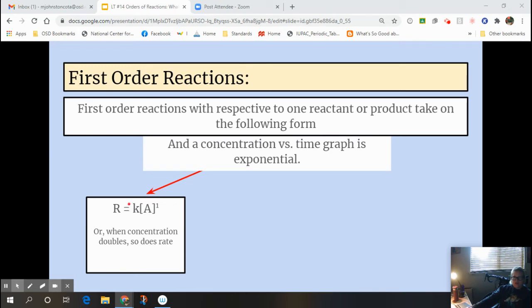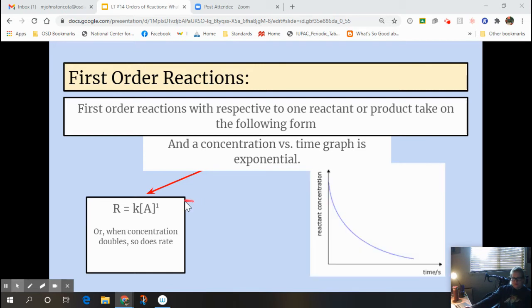If I was to graph concentration versus time, which is not this equation here, but another set of data where I will try to come up with this equation, it looks like exponential decay, because every time I halve the concentration, I will half the rate.